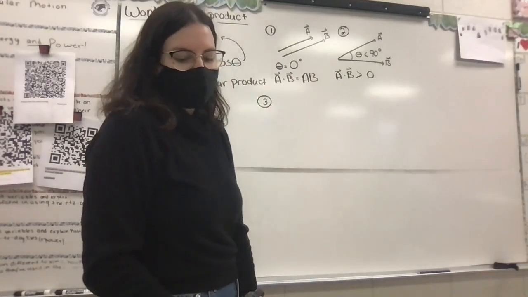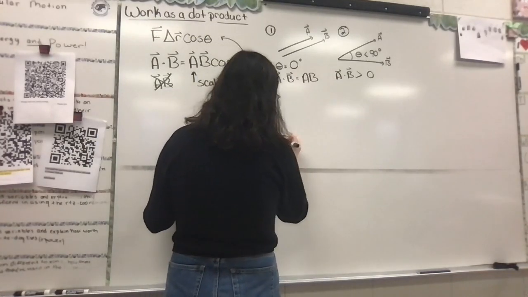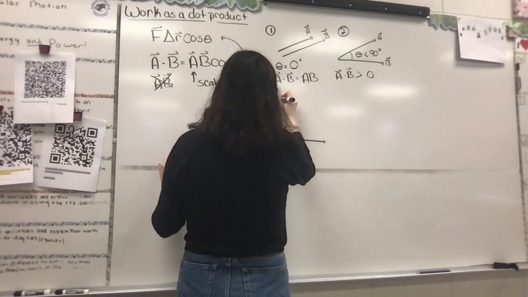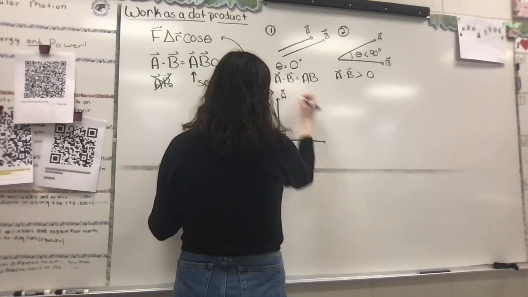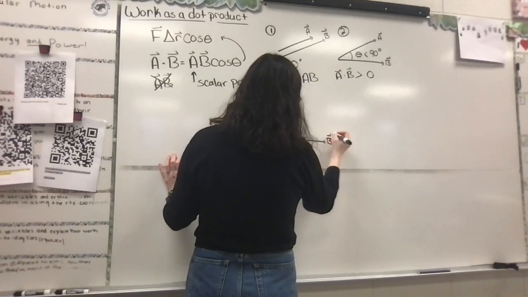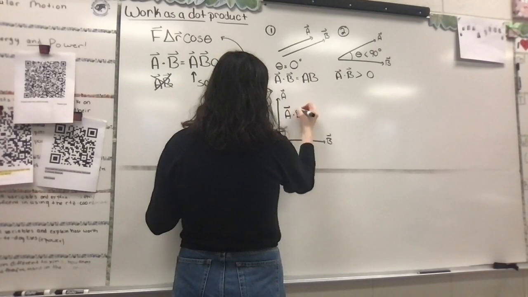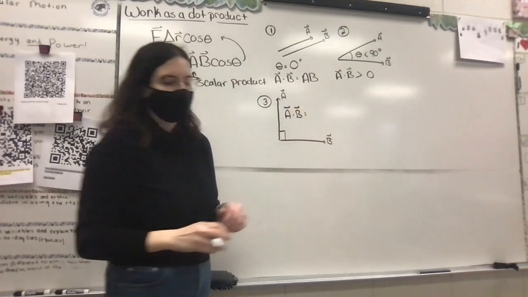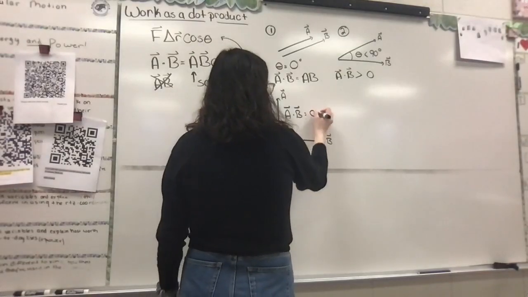Our third case is when we have a 90-degree angle between the two vectors. What do you think the dot product is when we have a 90-degree angle, if you had to guess? It's just going to be 0.